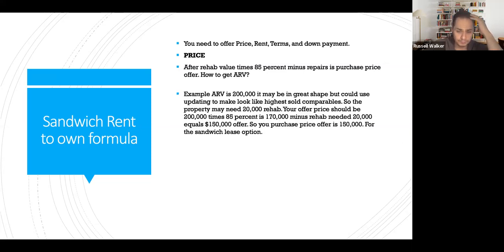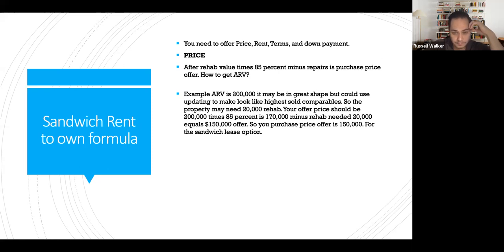Okay, but an example is, let's say after rehab value is $200,000 and the house is maybe in great shape, but could use some updating to make it look like the highest sold comparables in the area. So the property may need $20,000 in rehab. And again, last week I talked about how to get the estimated rehab numbers, a ballpark estimate.